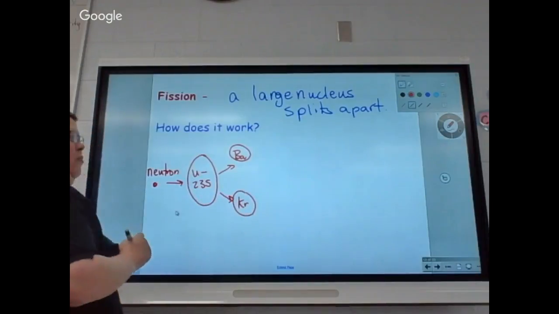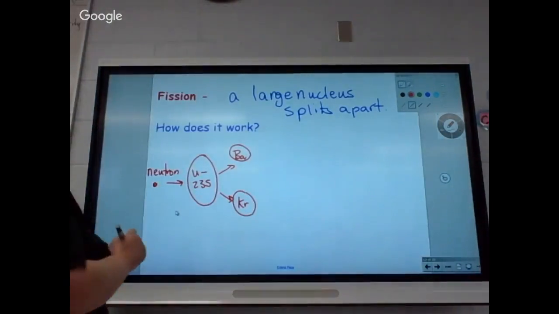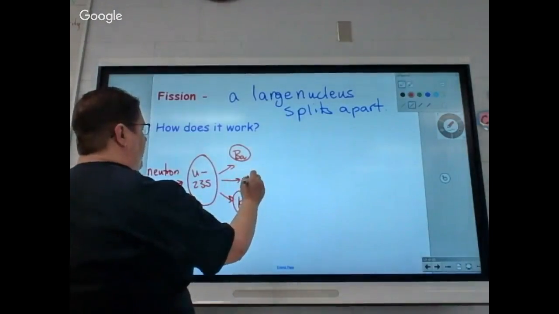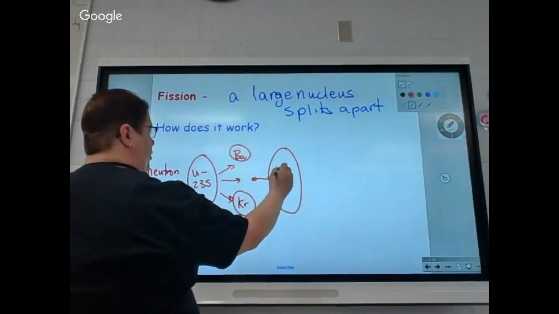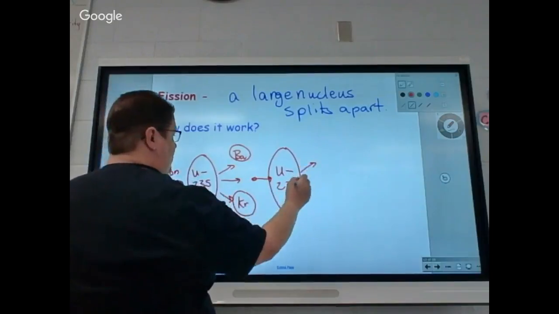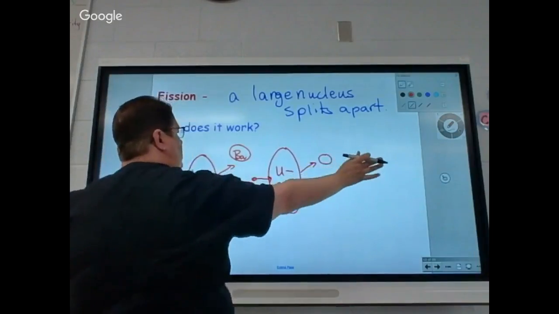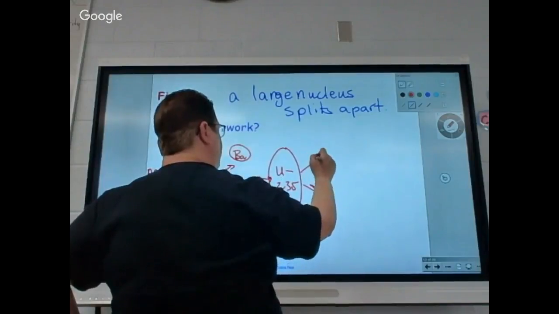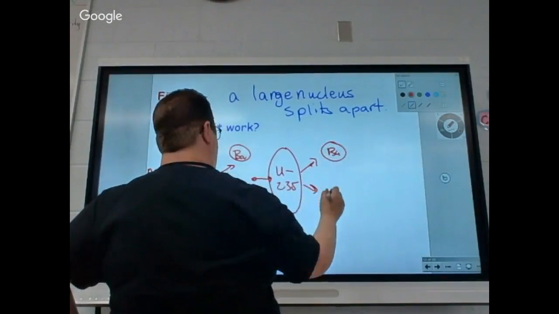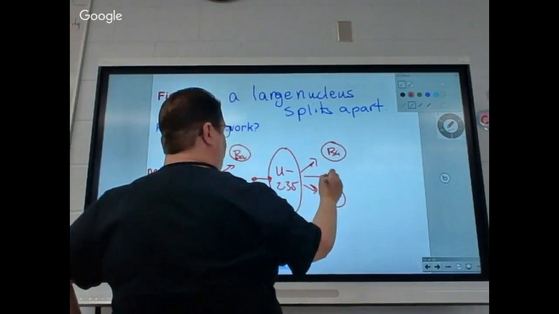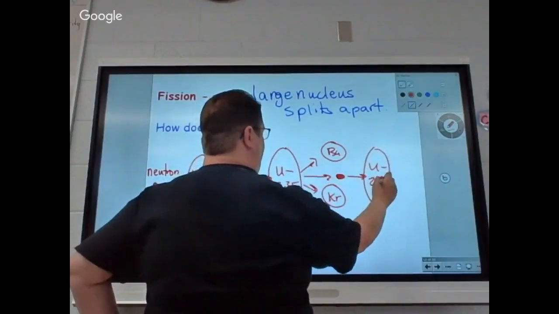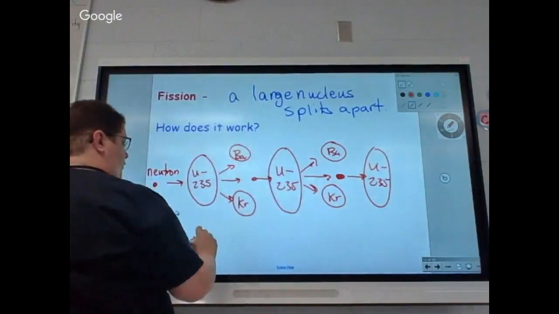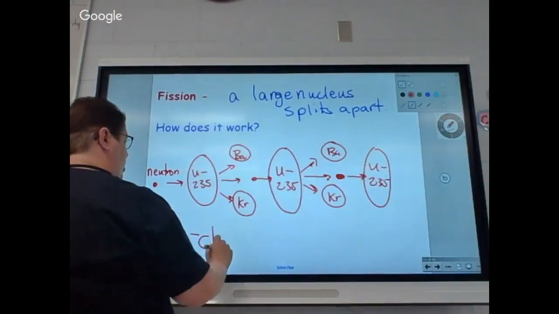I can't remember, I think it's a 141 and a 92, but I can't swear to that. And a neutron. Now, that neutron then hits another uranium-235, which then splits into another barium and another krypton and another neutron. That neutron hits another uranium-235. Now, this happens over and over again, and it's called a chain reaction.